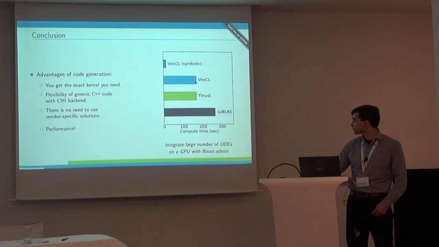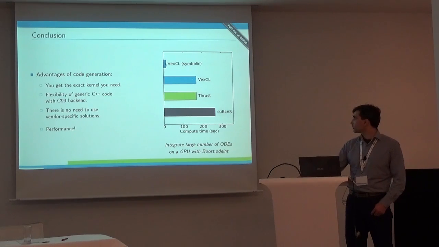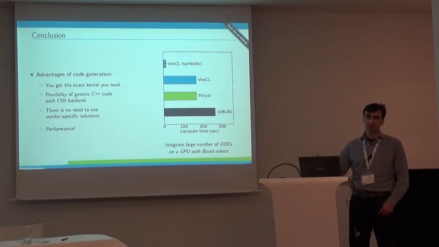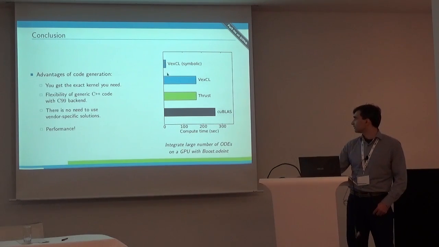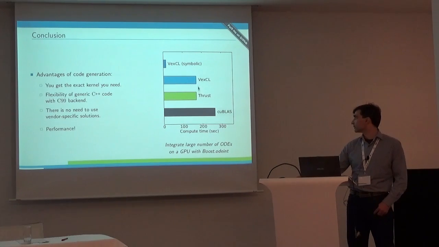And Thrust and VexCL show similar results on the same GPU. And then when you use this monolithic kernel generated with symbolic variables, you get 10x acceleration with respect to either VexCL or Thrust. So it's like 15 to 20 times faster than cuBLAS. And cuBLAS is about 10 times faster than your CPU. So it's like 100 times faster than CPU.